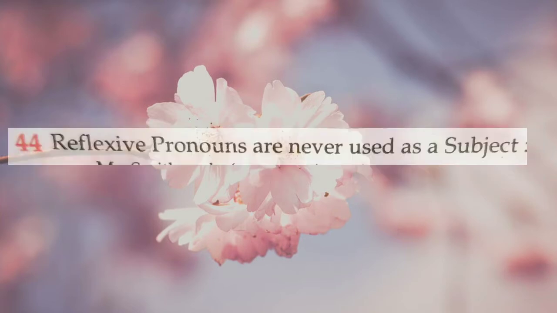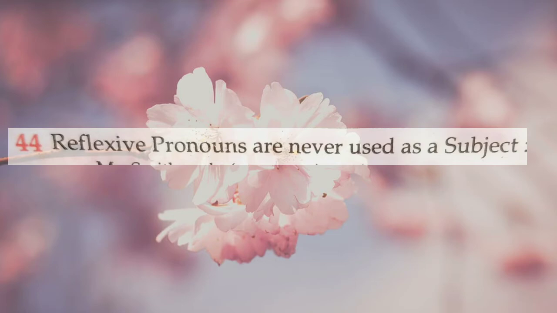Now rule number 44 says reflexive pronouns are never used as subject. What does it mean? The words myself, yourself, we cannot use in the place of subject. So many students say myself is Anthony sir. That is a wrong sentence. Myself can never be used in the place of subject. It is always used in the place of object.